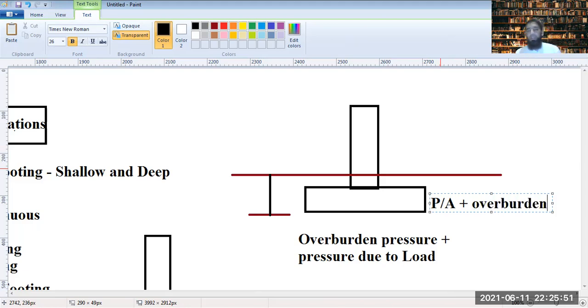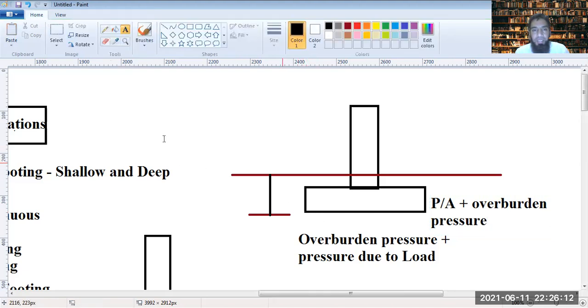So there will be a load exerted from the soil, which is calculated from the density of the soil, and once there, you get the overburden pressure as well. So we're actually determining the total stress that's exerted at this level, just below the foundation level. That's at this point here.